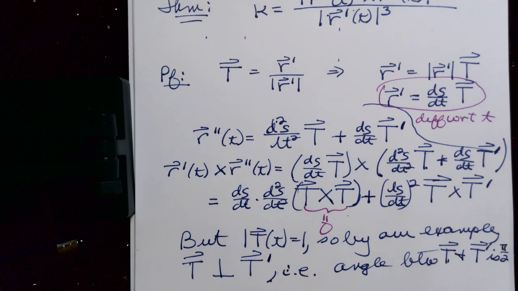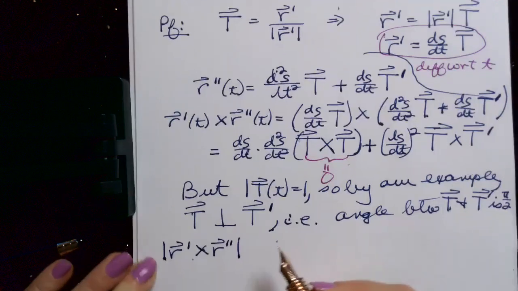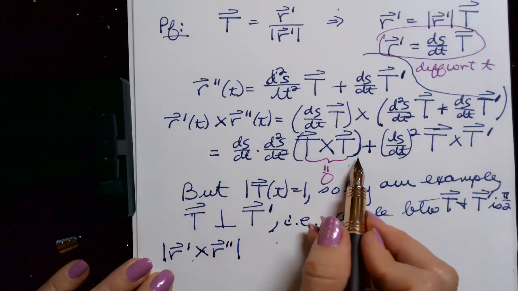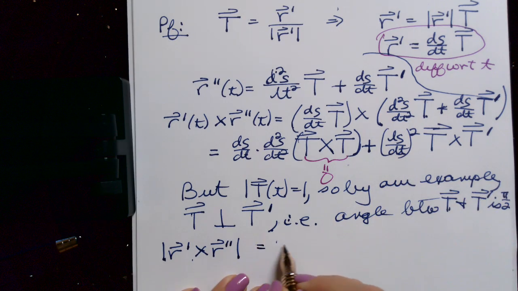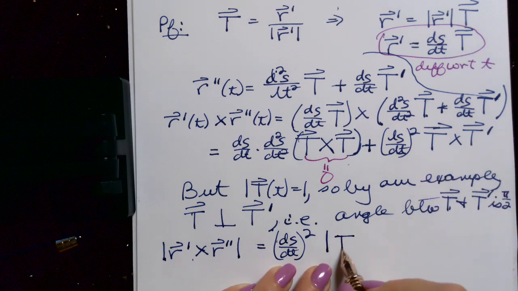Okay, so let's look at the length of r prime cross r double prime, because that's what appeared in the formula. Now I go to this vector and start taking lengths. The first term is 0, so that doesn't come in. Here, this is already a square, so we have (ds/dt) squared, which is positive. And the other term will be the length of T cross T prime.